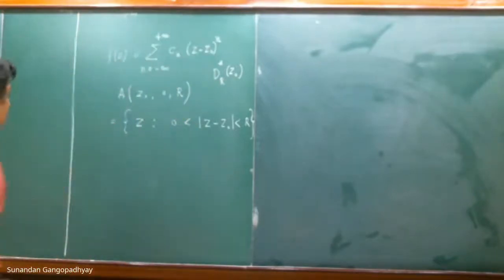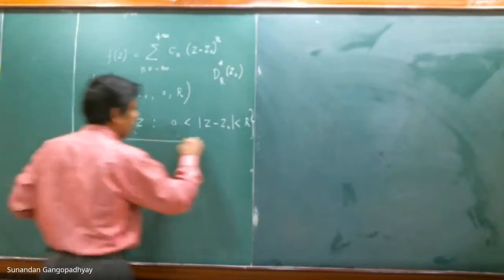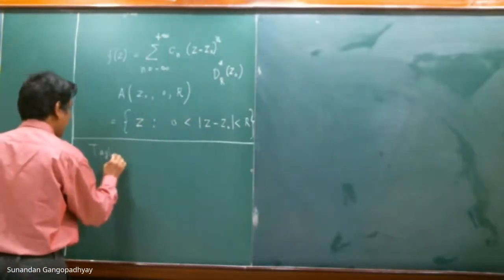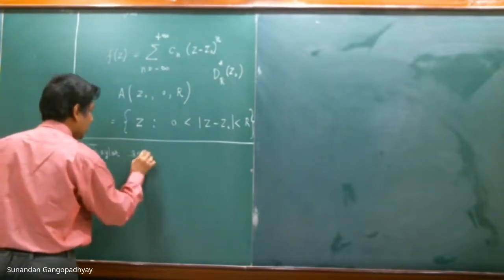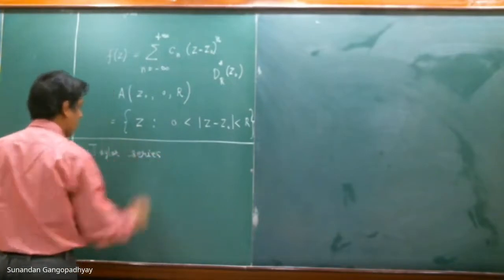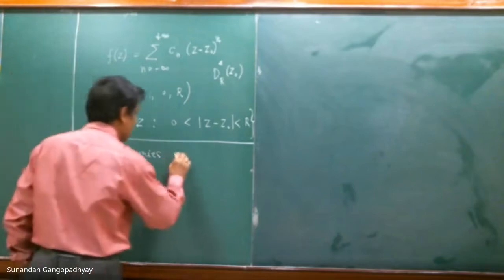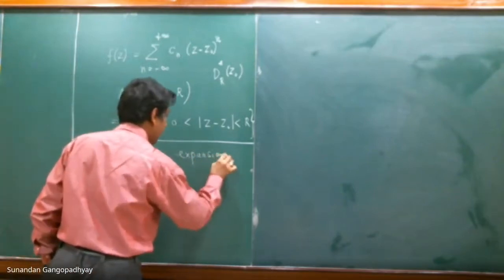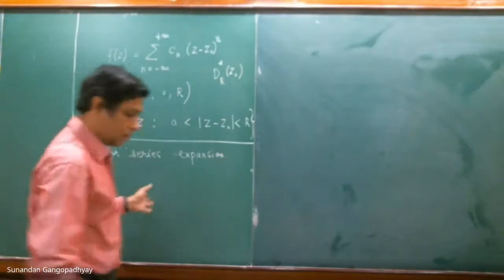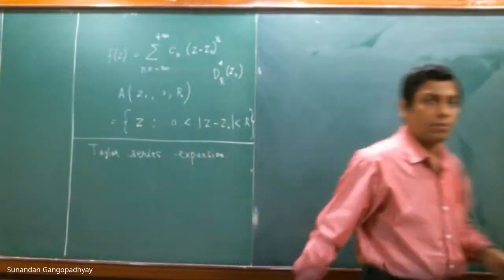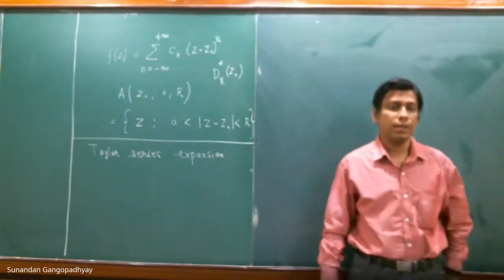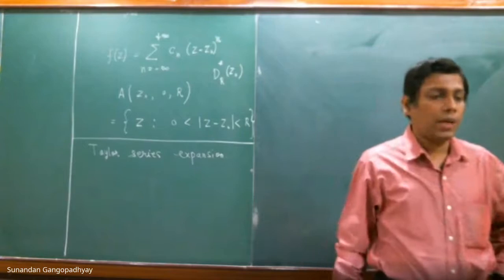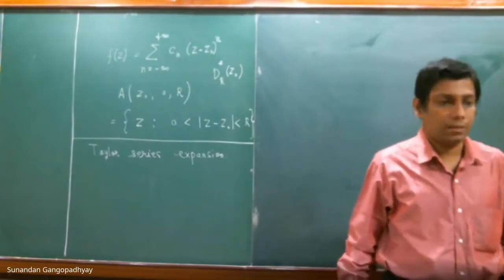So what we shall do today is look at the Taylor series expansion, which I am sure some of you must be familiar with. And you must be knowing, or I have also mentioned in this course, that if the function is analytic everywhere, then it admits a Taylor series expansion.